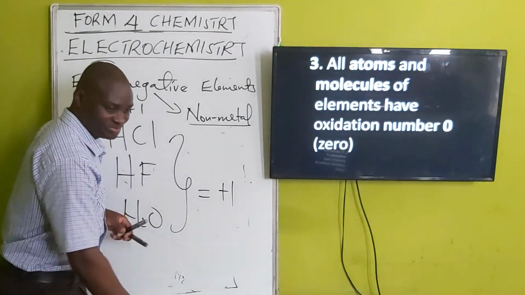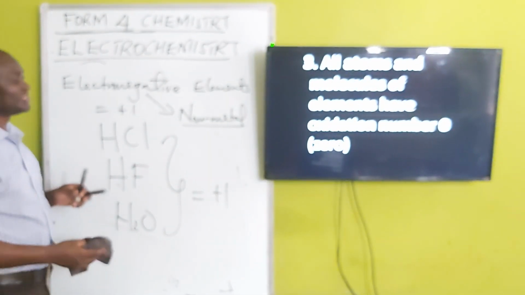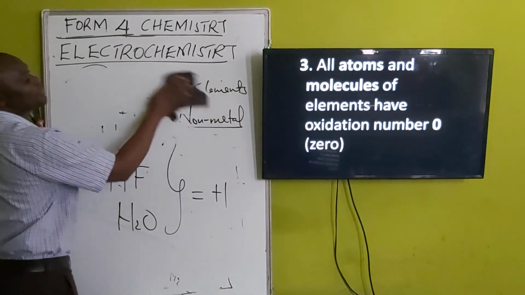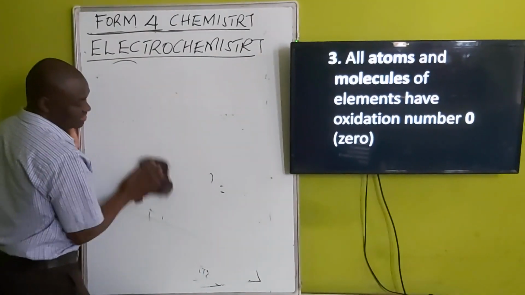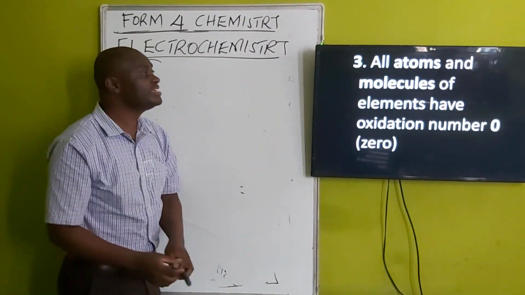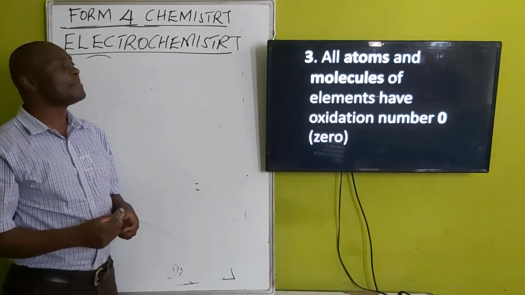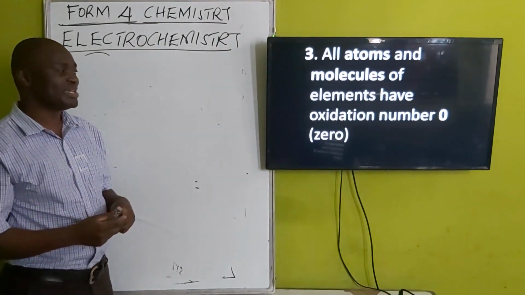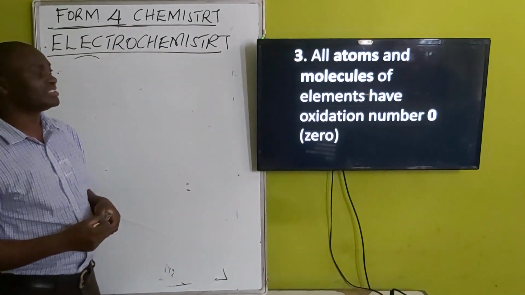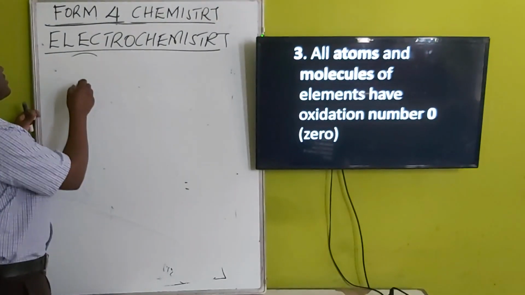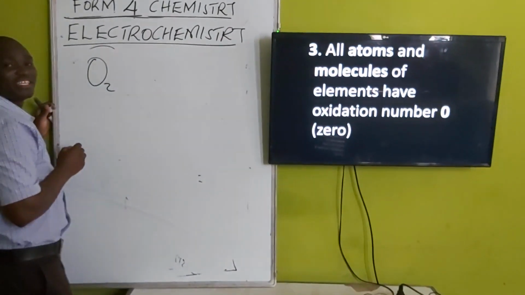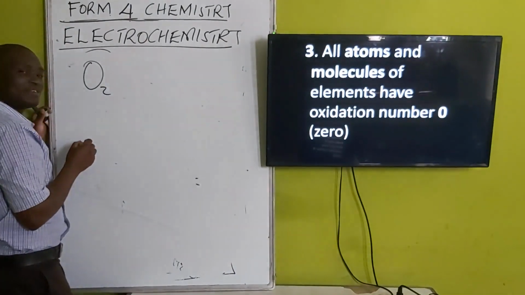The third rule is about molecules. Like on my screen, all atoms and molecules of elements have oxidation number of 0. Molecules, like when we talk of oxygen molecule, it is given 0.